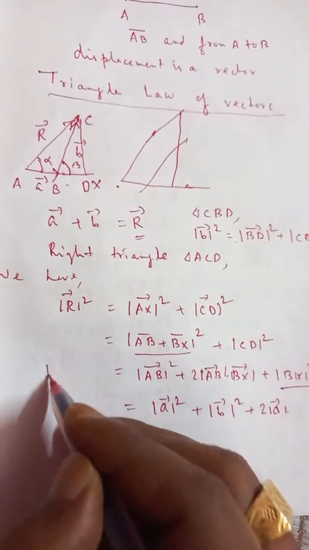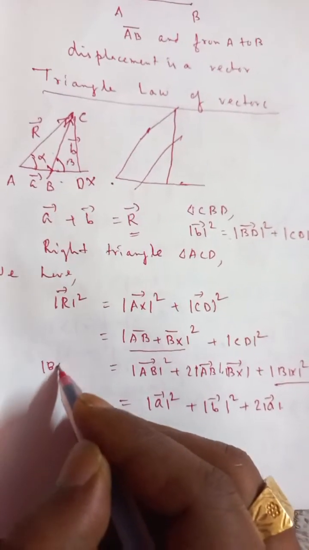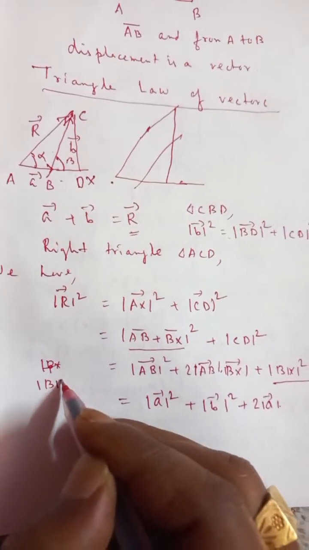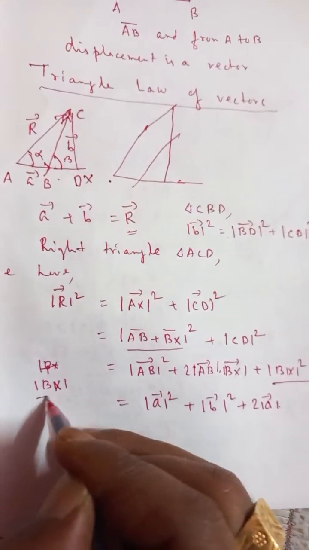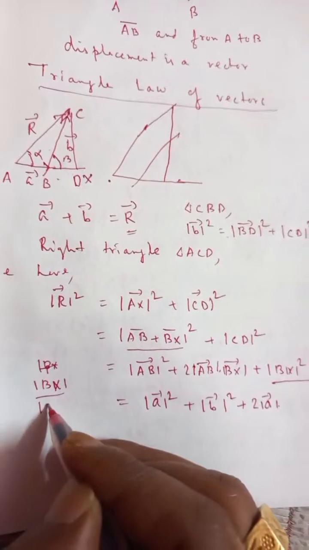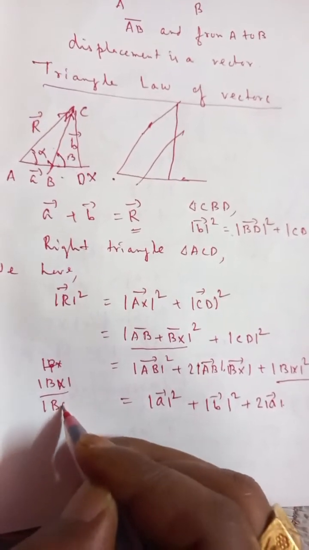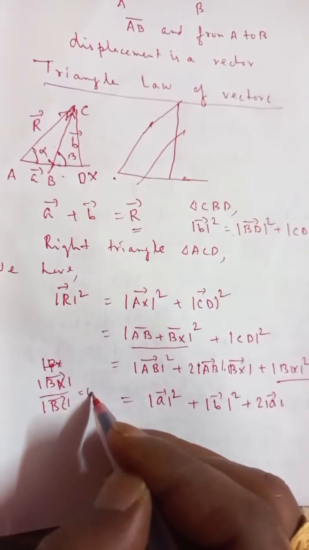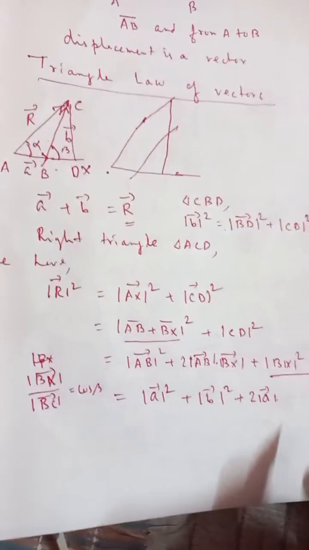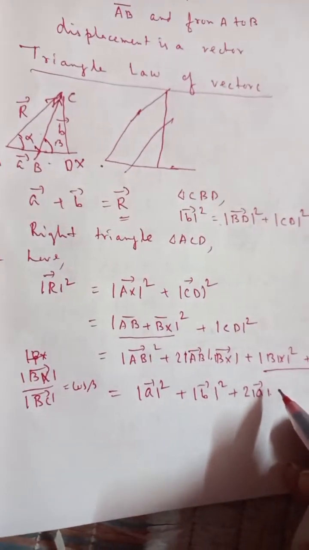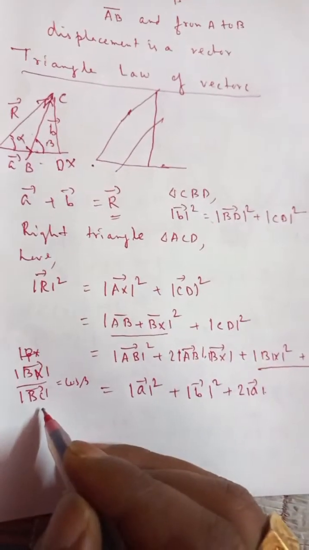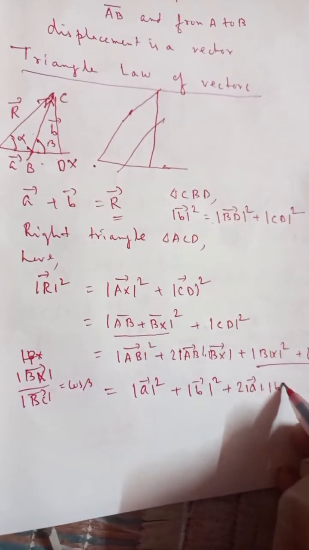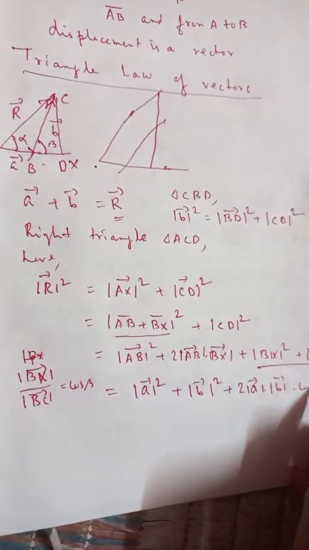BX mod of BX, mod of A as BC vector, is equal to cos beta. So mod of BX will be BC vector, which is vector B, mod of B vector into cos beta.